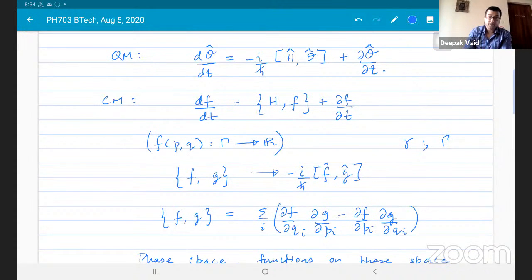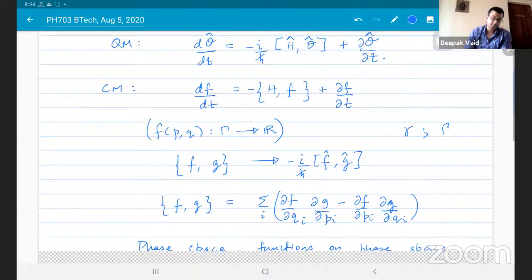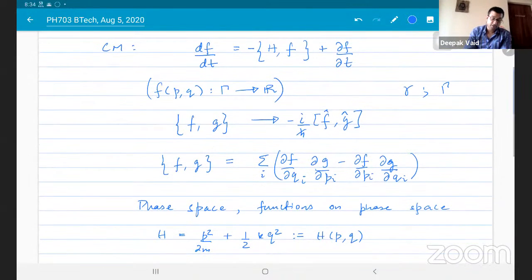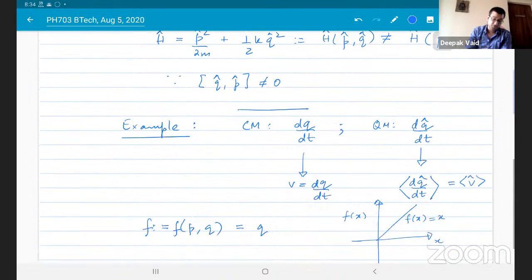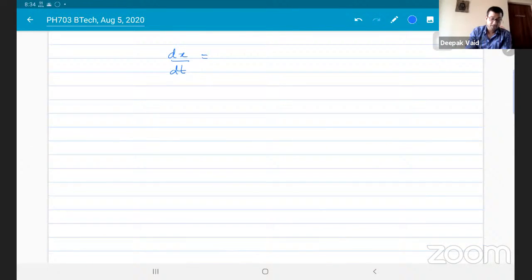And again, I got one more sign wrong here. This should be f comma h, or I can write h comma f and then put a minus sign here. So I can ask what is dx by dt. dx by dt would be given by negative of the Poisson bracket of the Hamiltonian with x, plus partial of x with respect to t.